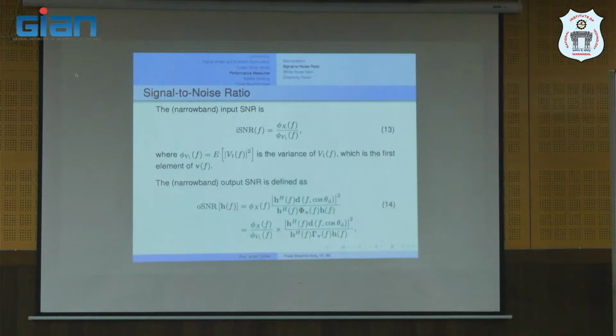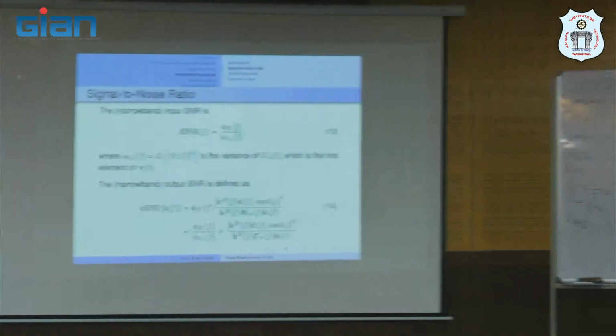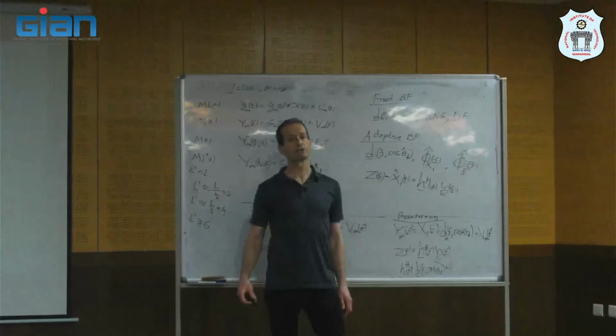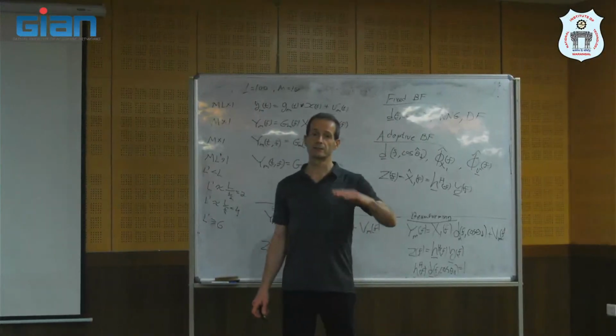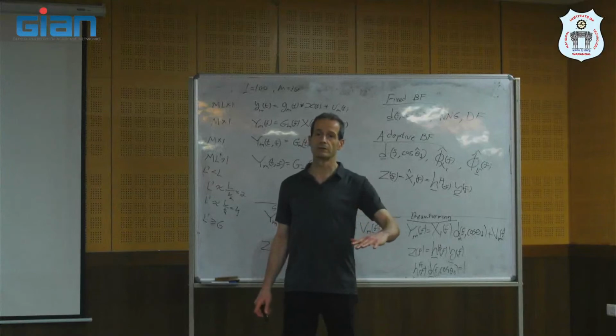Obviously, we would like to have high array gain under all conditions: when the noise is white, when the noise is diffused, or any other noise field. But we showed that we cannot do that. If we design the beamformer to maximize the white noise gain, the directivity factor will be lower.